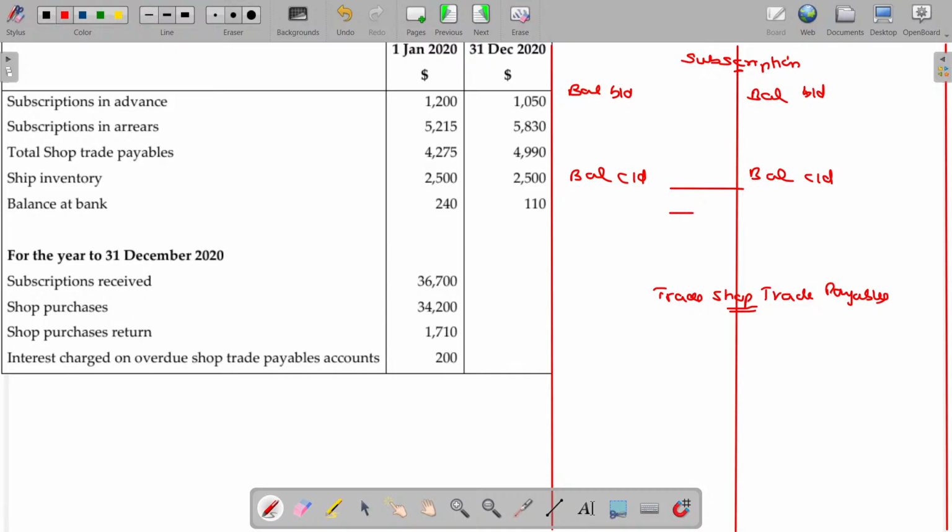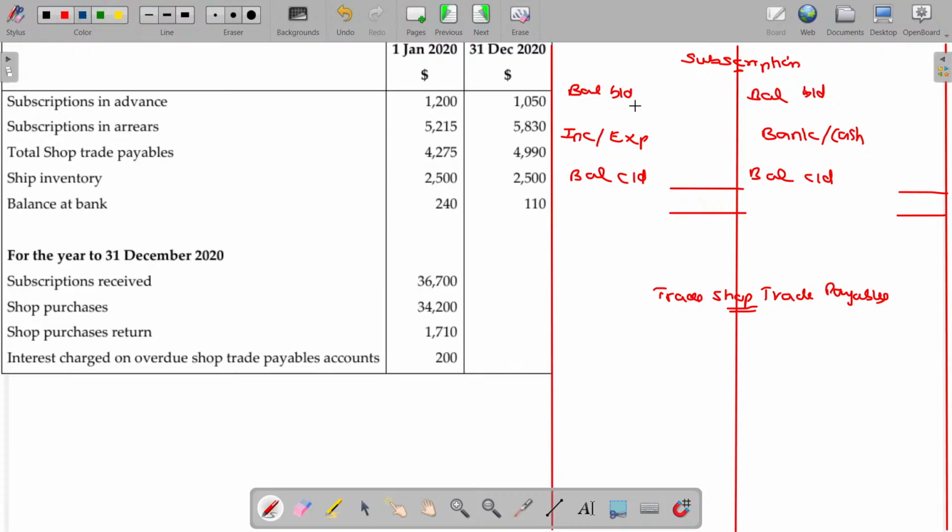You remember the format. And here it may be the receipts, either bank or cash. And in case of the balance amount, it will be transferable to the income and expenditure account.